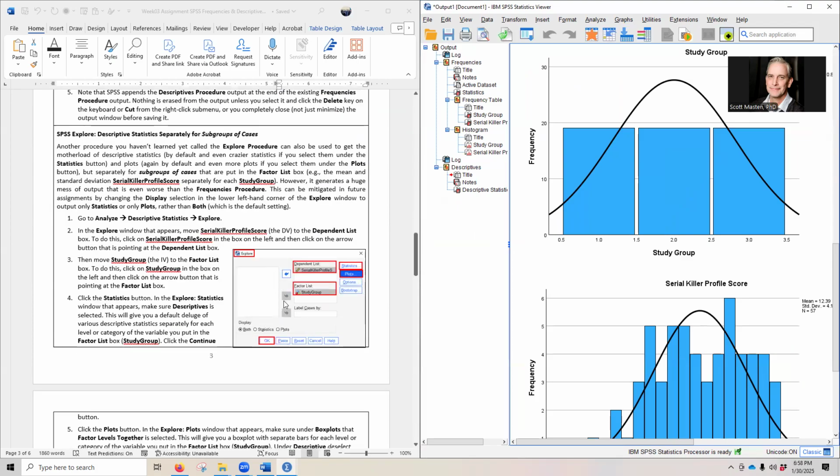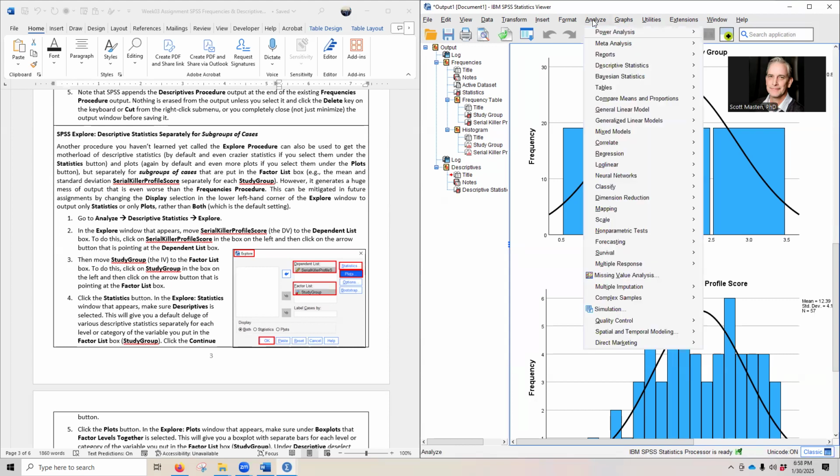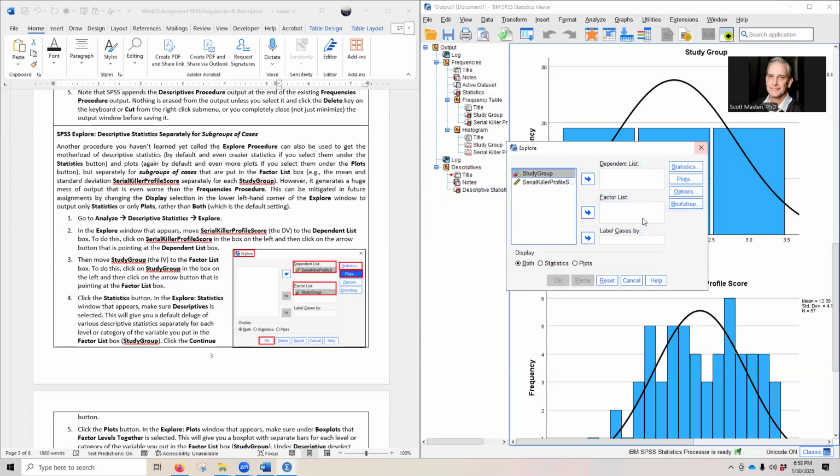All right, scooting on. If you want to get stats for separate subgroups, note that both Descriptives and Frequencies, as we just did, get stats for everyone in the sample. But let's say you wanted to get it separately for persons by study group. To do that, there's a procedure under Analyze, Descriptives that's called Explore. This is sort of the one everyone forgets.